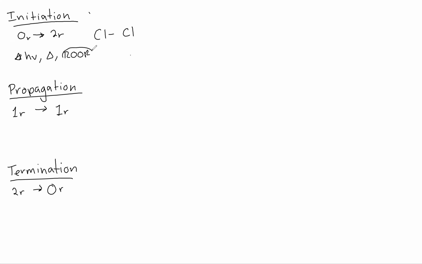We will cover this in a little bit, but the idea here is we're giving in energy to overcome that bond dissociation energy in order to force these to homolytically cleave. So we are going to cleave these in half. We start with 0 radicals, we introduce energy, and we create 2 chlorine radicals. I'm not going to draw the rest of the electrons because I'm lazy. I hope you'll forgive me.